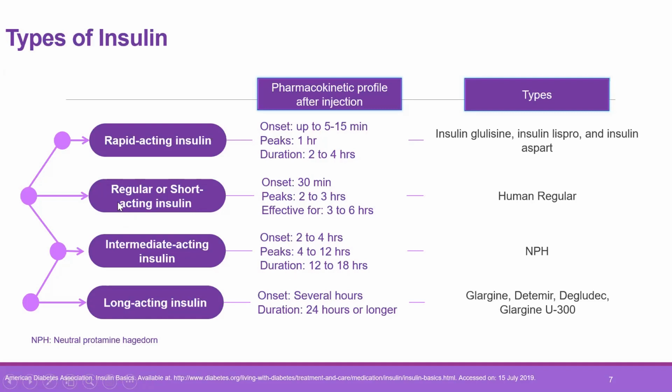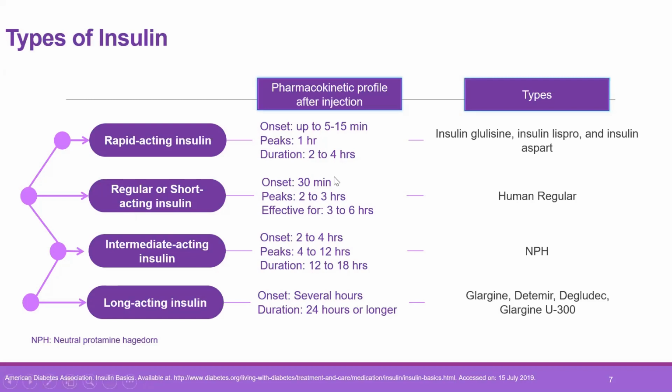Now, apart from this, if you look into the regular insulin, though its onset of action is 30 minutes after giving the injection, it is also associated with hypoglycemia, because its duration of action is quite longer than what we expect from mealtime insulin secretion by a normal pancreas.